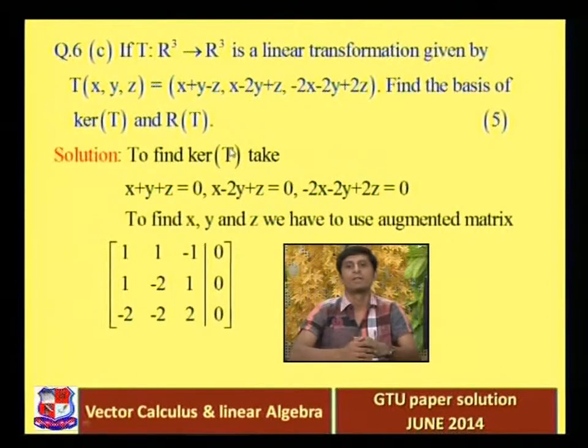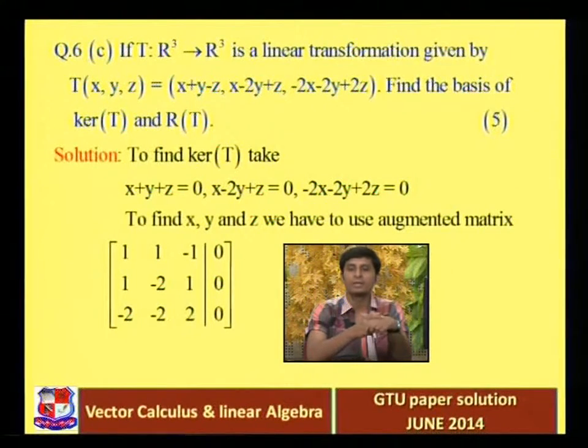Now first of all, try to understand the meaning of kernel of T and range of T. First, kernel of T. If our transformation T is a linear transformation, then we can find the kernel of T. We have to find such elements from the domain such that the image of those elements is the 0 vector of the codomain.